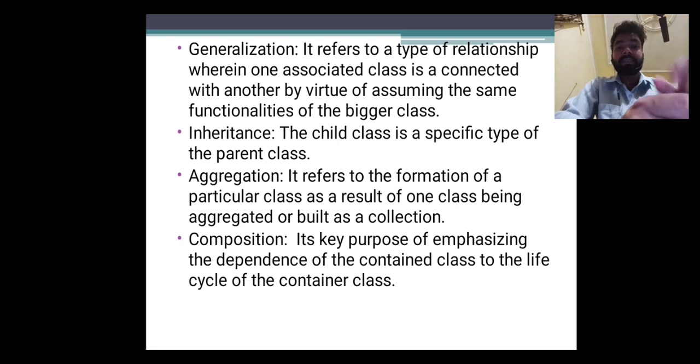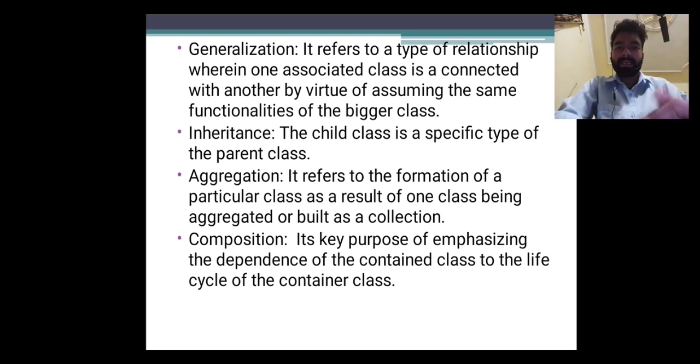Generalization refers to a type of relationship wherein one association class is connected with another by virtue of assuming the same functionalities of the bigger class. And next is inheritance. The child class is a specific type of the parent class.